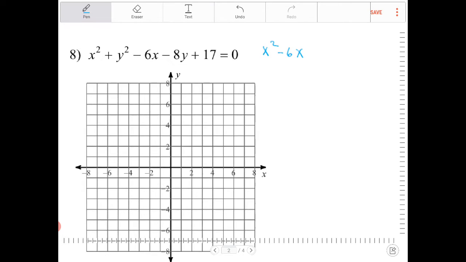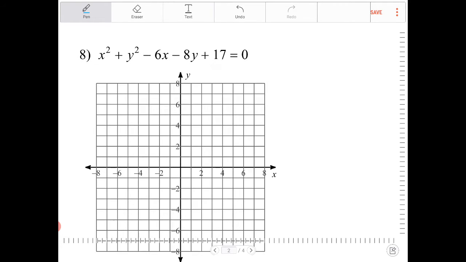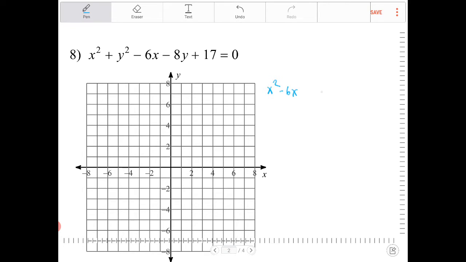I'm moving all the x's to one side of the equation and grouping the y's together, so I'm going to rewrite it over here. So x squared minus 6x, and I'm going to add something to this, so I'm going to leave a little space. And then I have y squared minus 8y, and again I'm going to leave a little space, and this will equal -17.